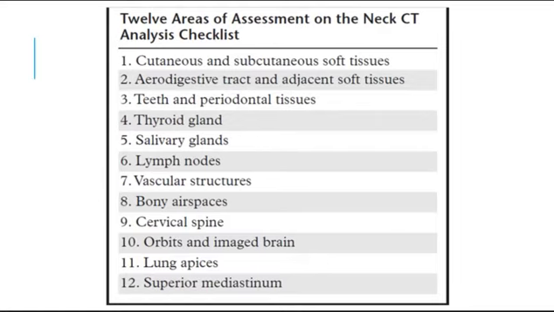This checklist should be present in the final report of the emergency CT scan. For each of them, we put the heading, for example, cutaneous and subcutaneous soft tissues, and beneath it we write our findings. And in the end, we give the final impression of the condition. Later on we will talk about some syndromes and conditions in which we collect the findings from different areas, and it gives us a final impression of the condition in the emergency setting.